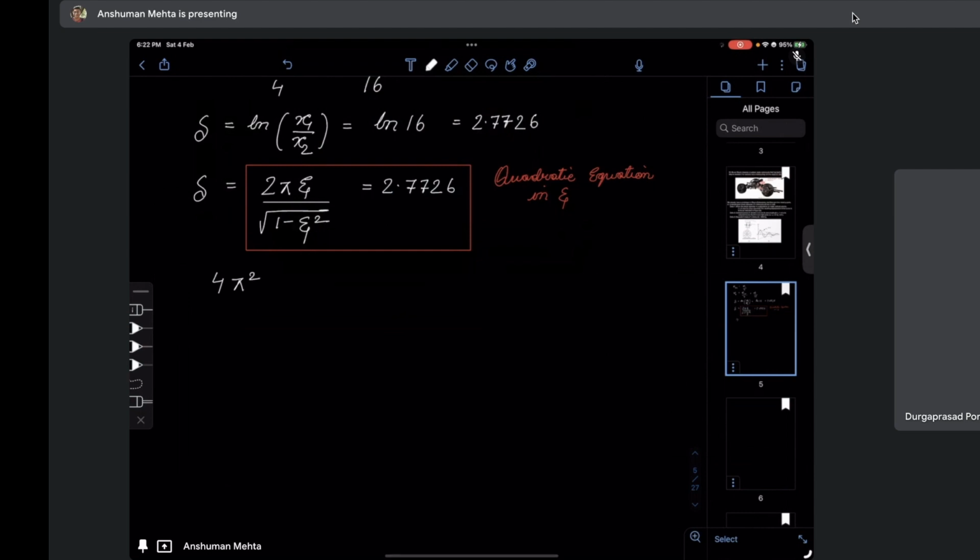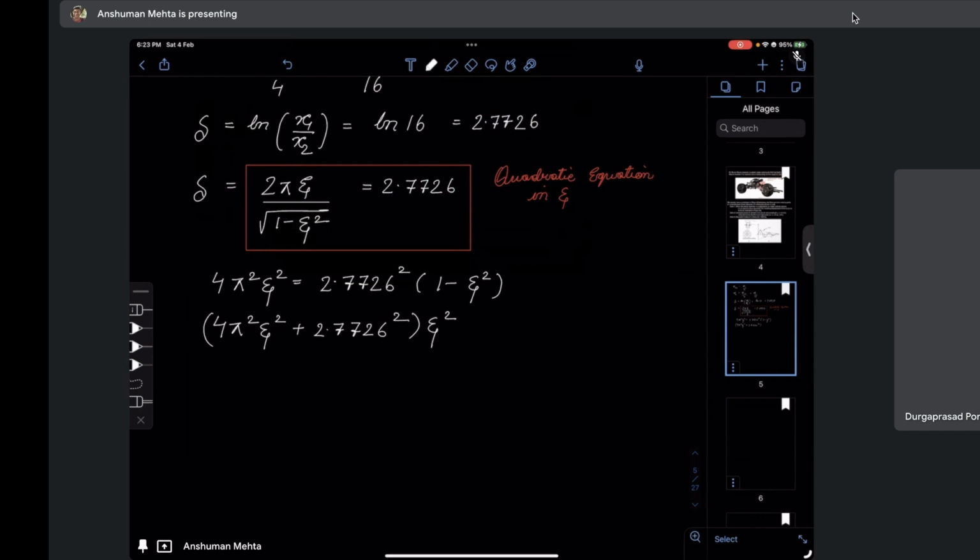Squaring both sides, we come out to be 4 pi square zeta square is equal to 2.7726 square in bracket 1 minus zeta square. Taking the zeta square term on one side, we can write like this.